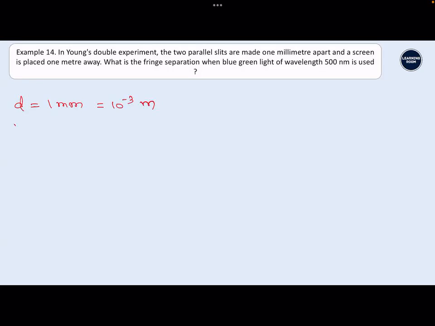Screen is placed 1 meter away. So capital D is equal to 1 meter. What is the fringe separation when blue-green light of wavelength 500 nanometer is used? So beta is equal to lambda into capital D by small d.